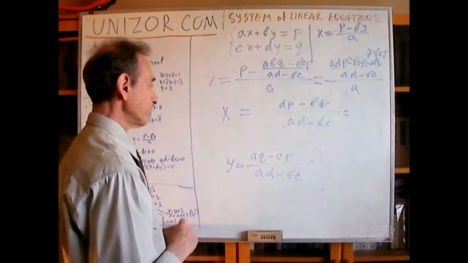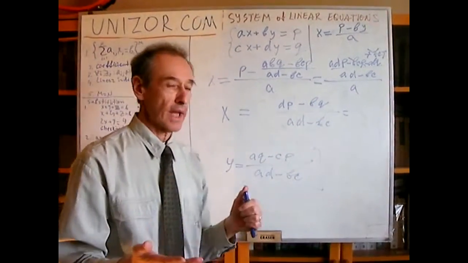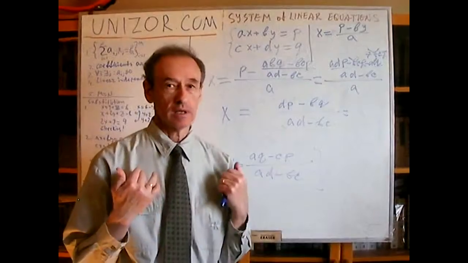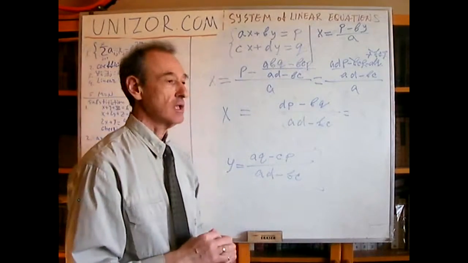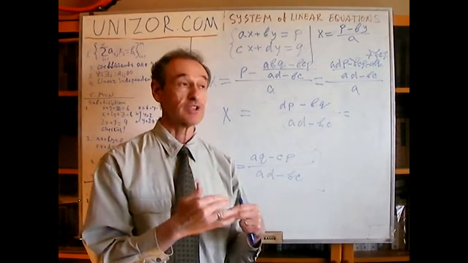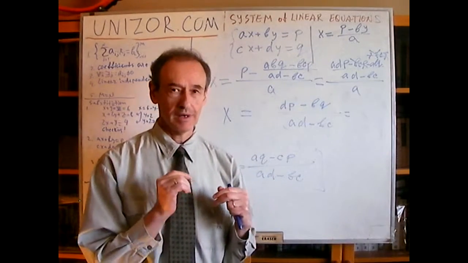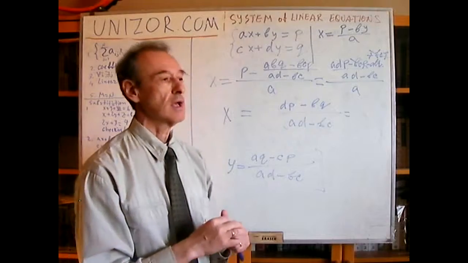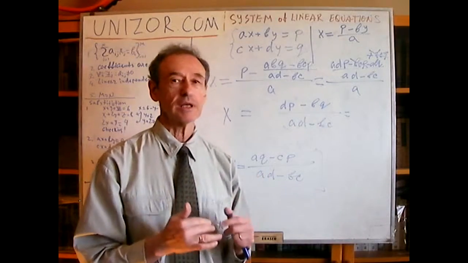Now, but why and when is ad minus bc equal to 0? Well, you remember that in the definition of a good system of n equations with n variables, I suggested that it should be linearly independent.